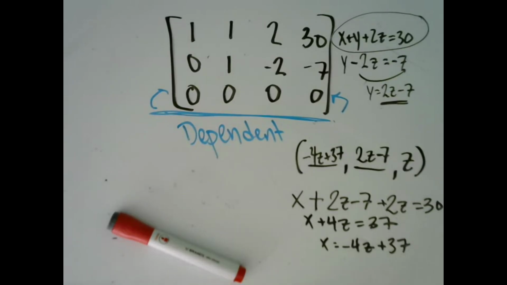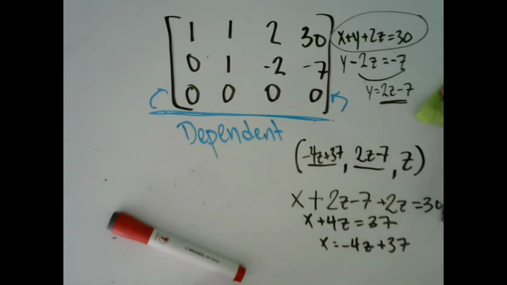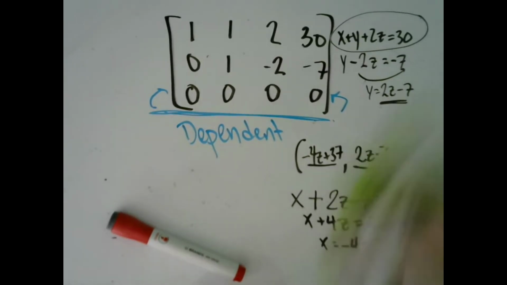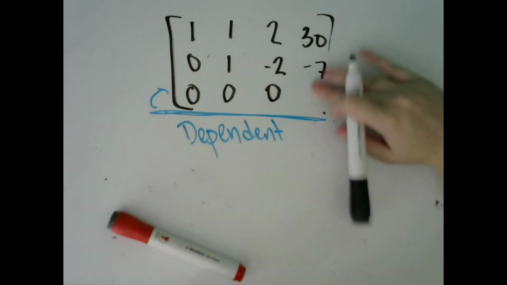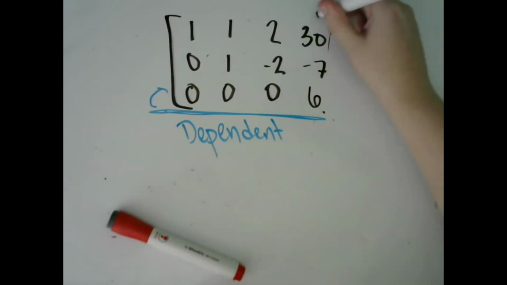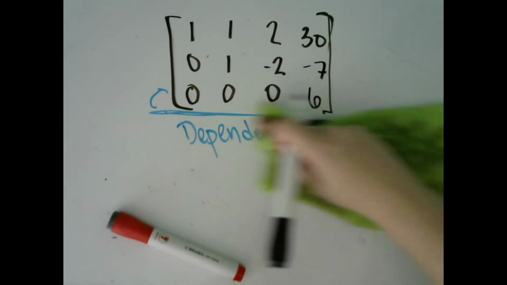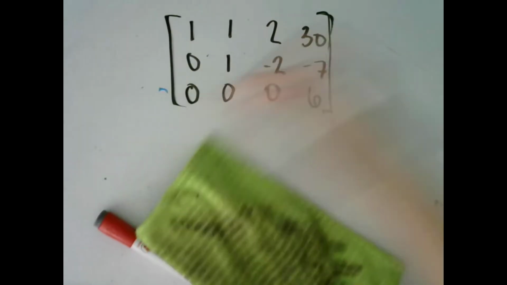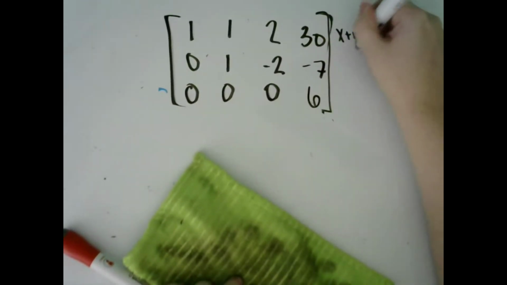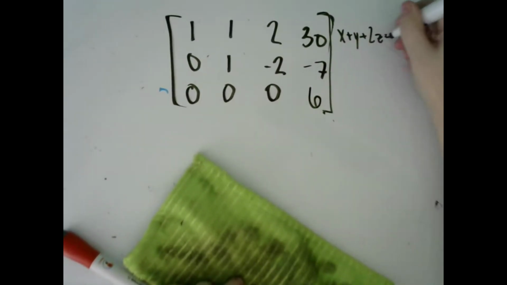The last example, no solving is necessary, and the only thing I'm going to change about this example is the final row. In this example, we have a number instead of a fully zeroed out row. What this means when we go to write our equations is that we have x plus y plus 2z equals 30.